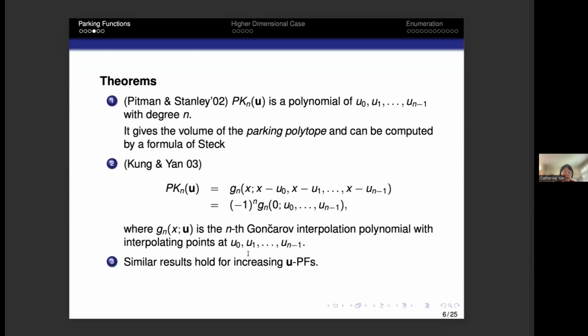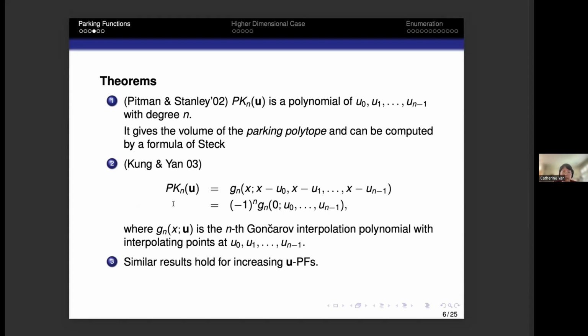The notion of U parking, or vector parking function, was first proposed by Pitman and Stanley in a paper in 2002, where the result is that the number of U parking functions is a polynomial in the variables U_0 up to U_{n-1}.